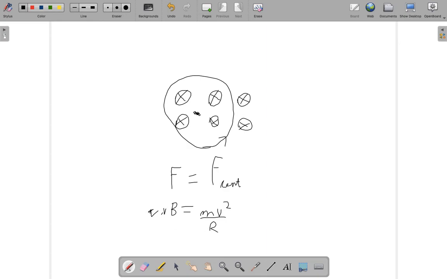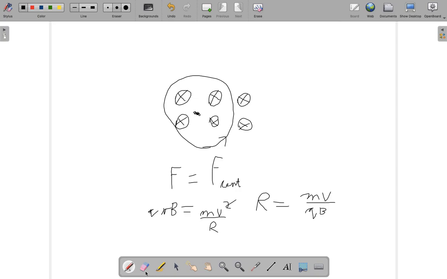Now you have velocity on both sides, so I can get rid of the square. Let's make the radius the subject of the equation. R equals mv over qB. So you can equate that to radius.